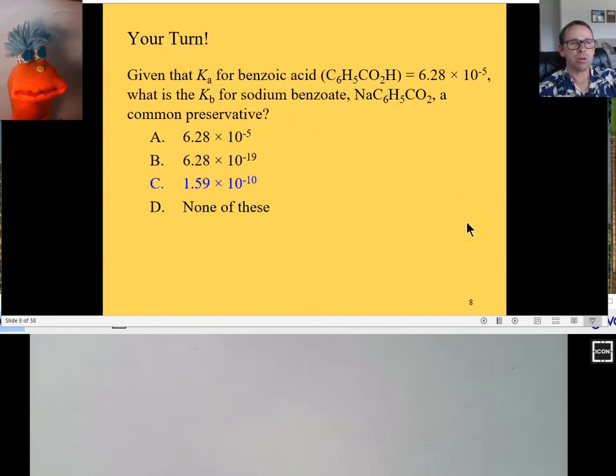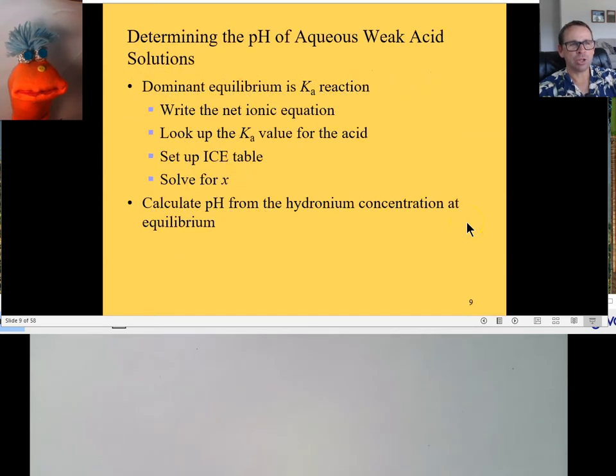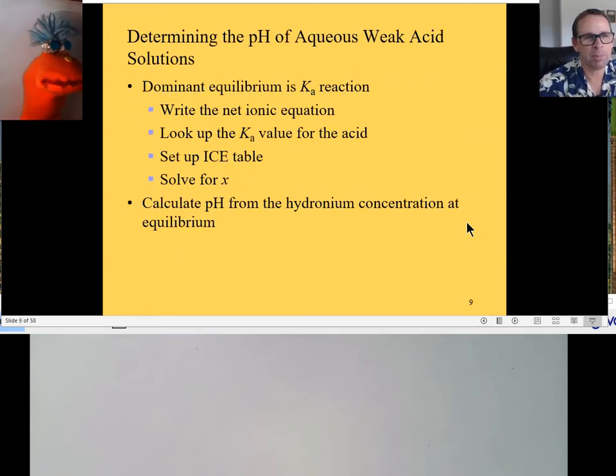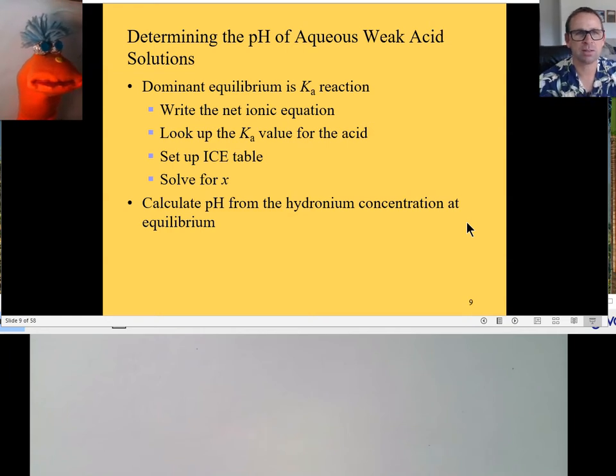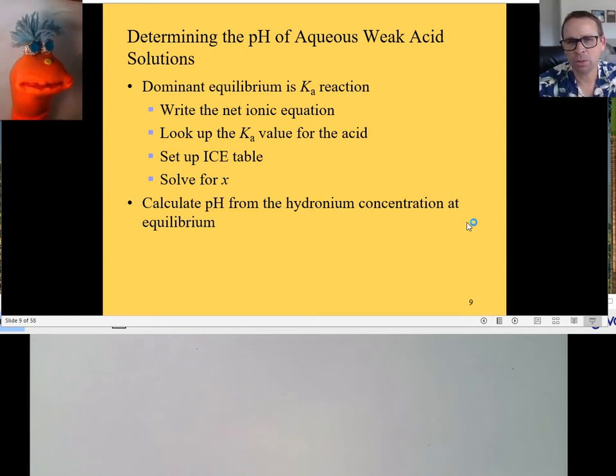All right, so now we're at a point where we get to determine the pH of aqueous weak acid solutions. And this is really cool because we use an ice table, and we've had limited exposure to ice tables, but we'll increase that exposure now. We identify the initial concentration of a weak acid.